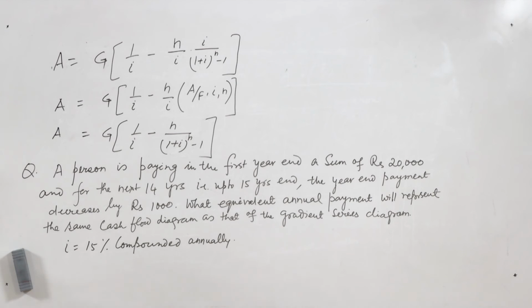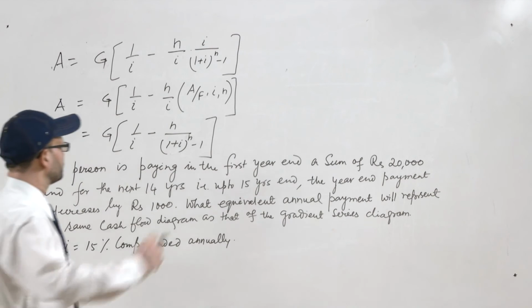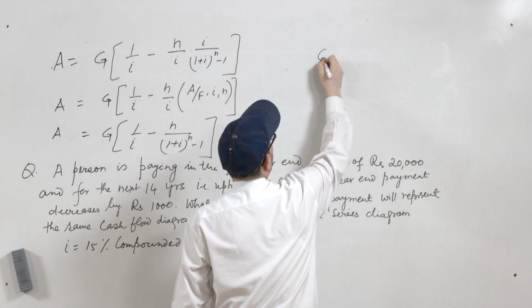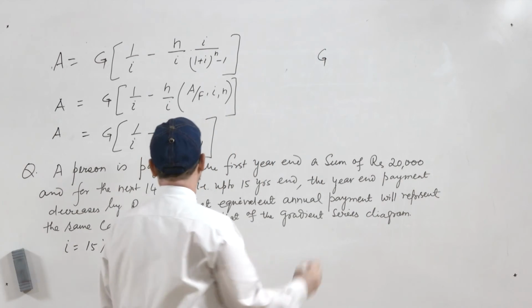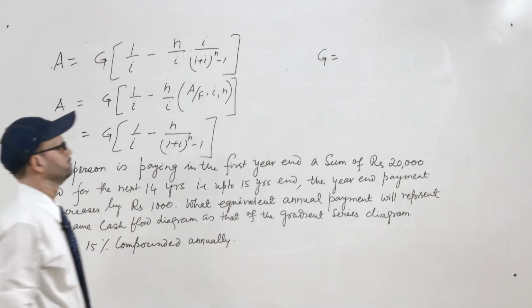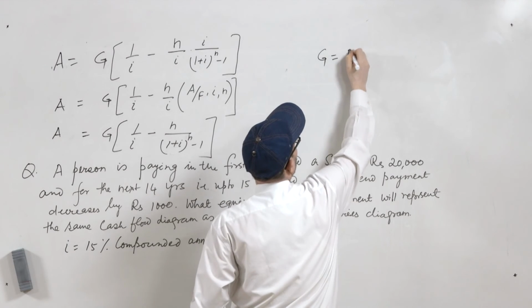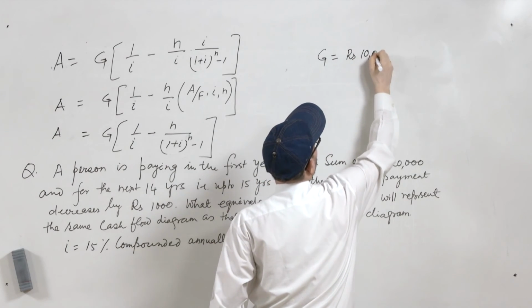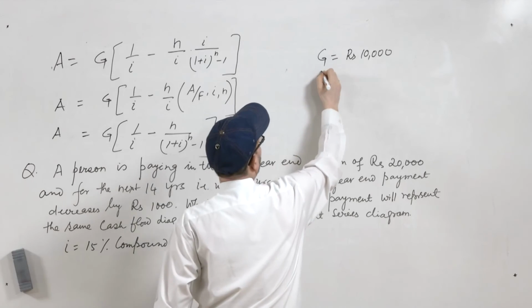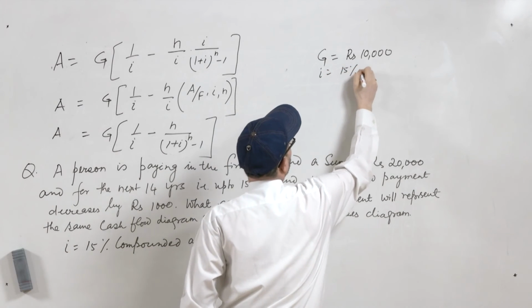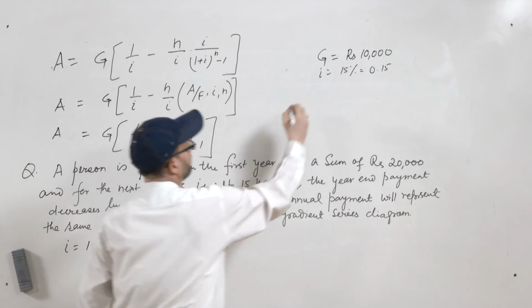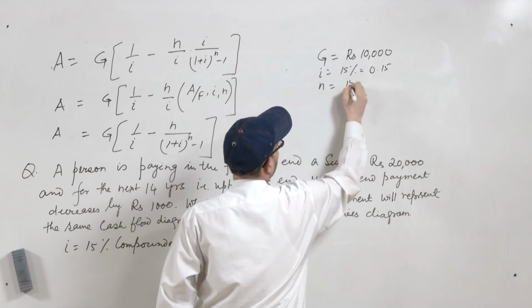So, if your problem is like this, it means you are given G as rupees 1000, i you know as 15%, n is 15.